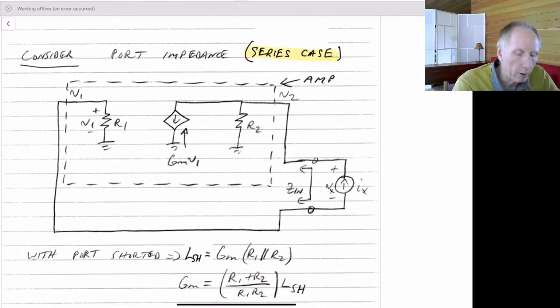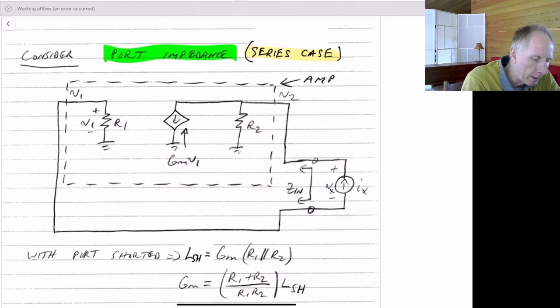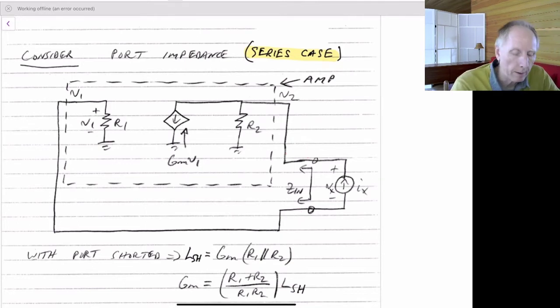The second case we want to look at is find the port impedance when the series case. So in this case here, we actually have the port being now in series with our loop. So that's where the shunt and the series part is coming in. In the shunt case, our port was in shunt to the loop.